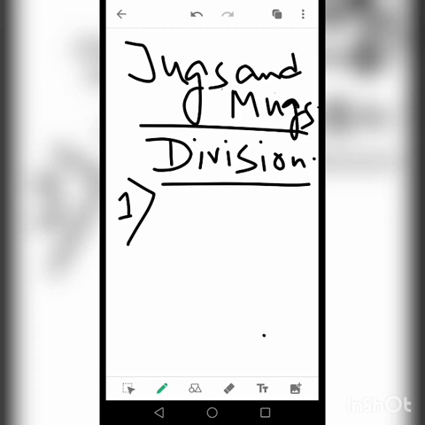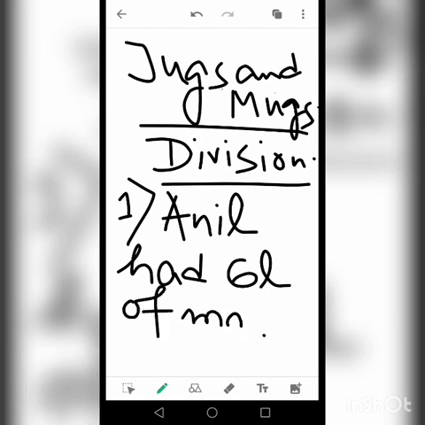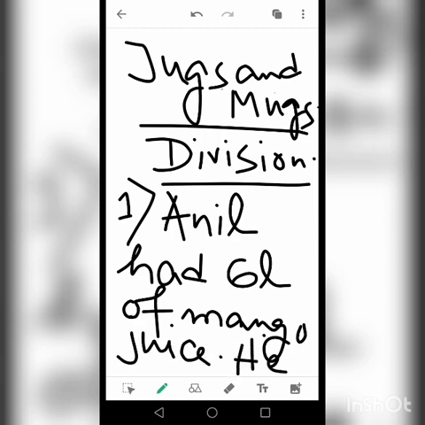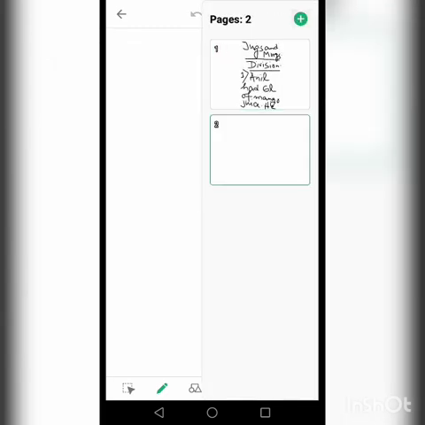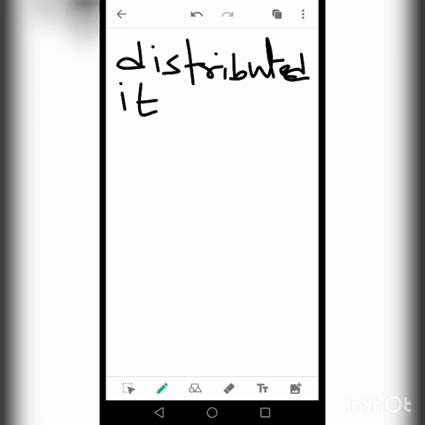First question: Anil had 6 liters of mango juice. He distributed it in 3 bottles.